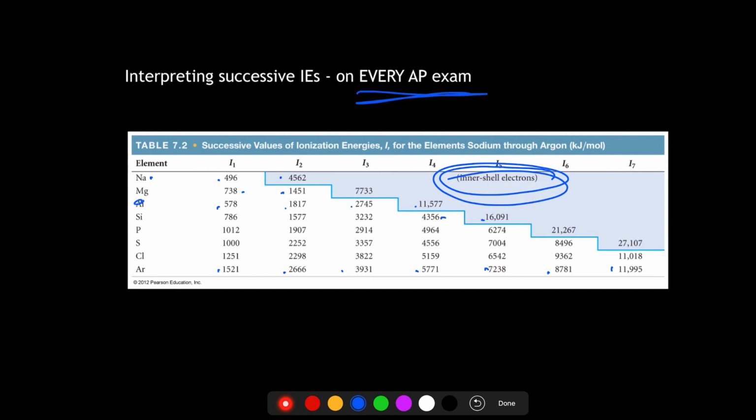So if we did not know that this was aluminum, for example, but we saw 600, 1800, 2800, ooh, it goes up here. That means these are valence, and this must be core, so we know it must have 3 valence electrons. Therefore, that tells us something about the atom. Does it make sense?